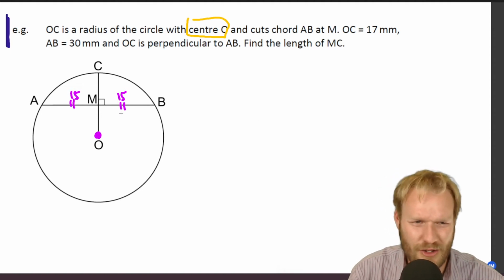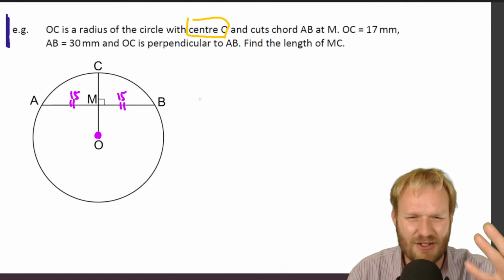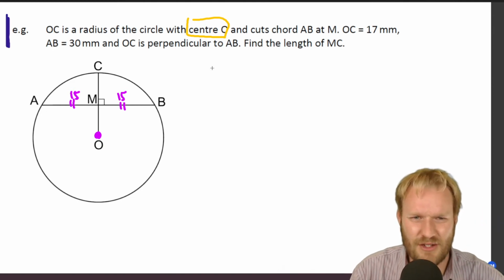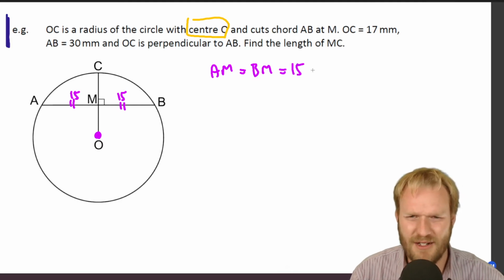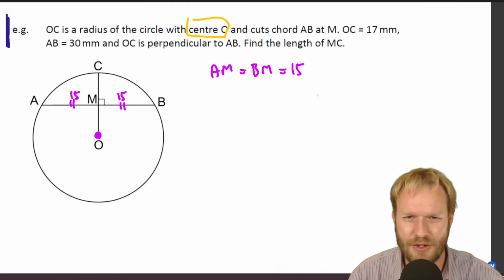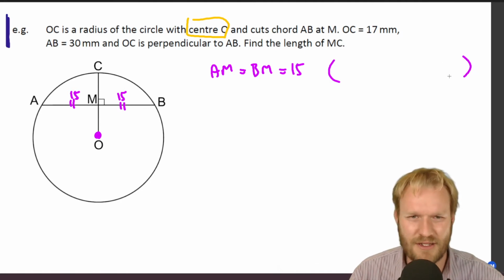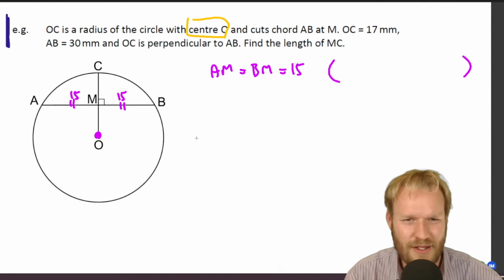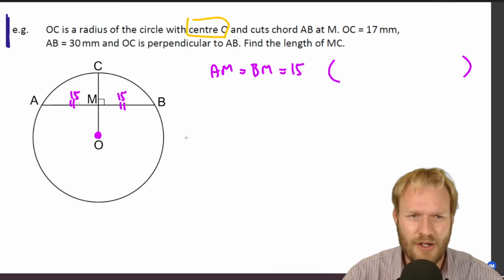Wait a second, I've written that, but I haven't shown my reasoning, so I need to give a reason. I need to say AM equals BM equals 15. They're each 15. I'm not going to be bothered with units until the end. I've made a statement and I need to write a reason. So the pros and cons for me are, you don't write it down straight away.